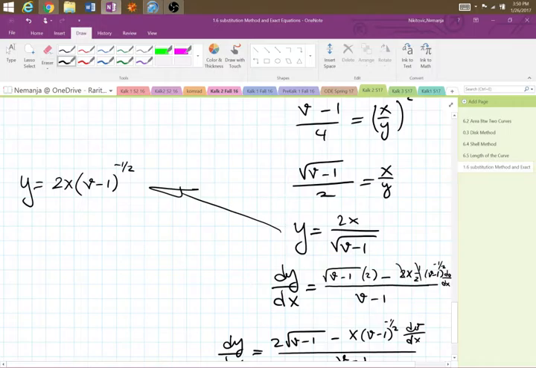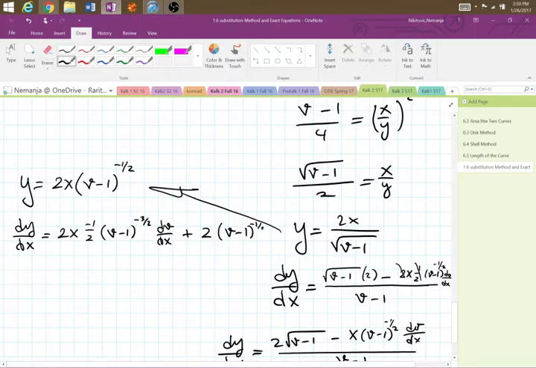Well, you have to get the same answer, so dy/dx is equal to, copy the first one, derivative of the second one would be negative 1/2 times (v minus 1) to the negative 3/2, and then times the derivative of the inside, which is dv/dx, and then plus 2 times, copy the second one, which is (v minus 1) to the negative 1/2.